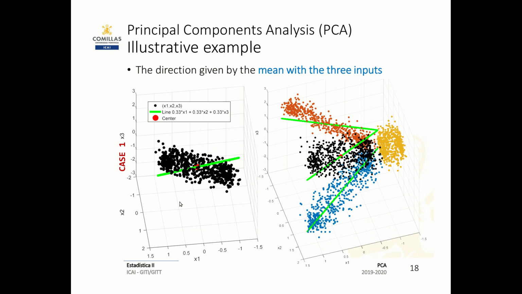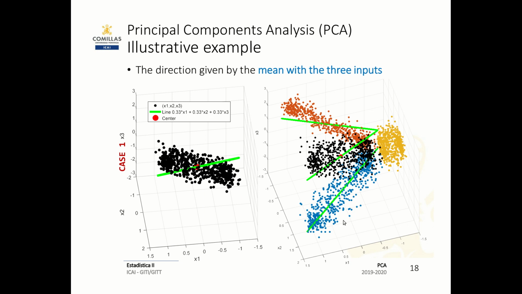So now the average will be x1 plus x2 plus x3 divided by 3. This is now this green line, and this is the 0, 0, 0 point. It could be that the mean is a good summary of the data, as happens in this x1, x2, x3 example, but it might be that it is not, like in this one.